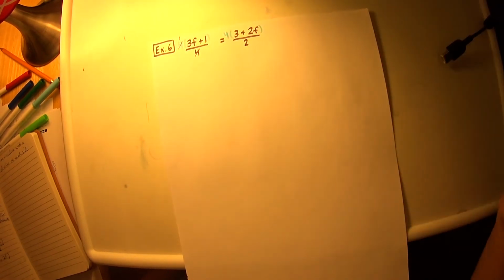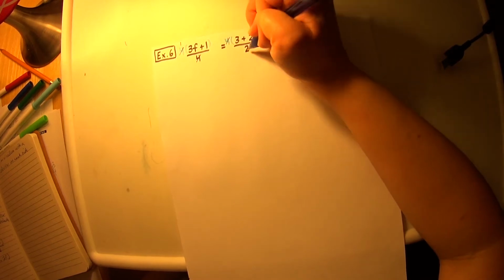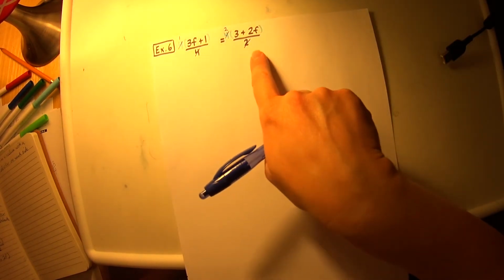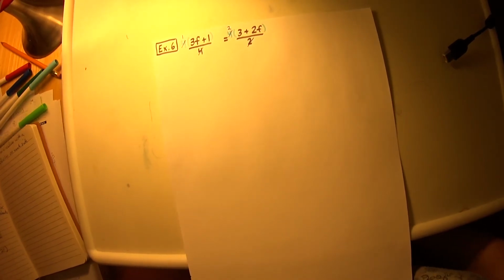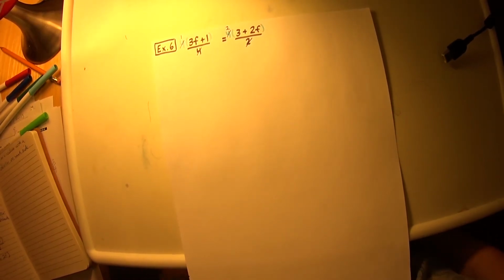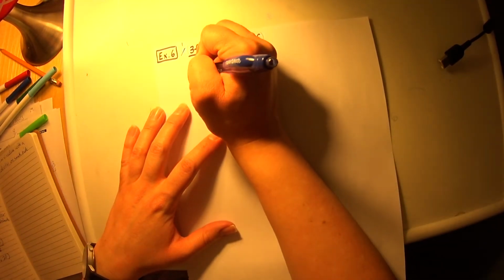So 4 divided by 4 leaves me with just 1, which is an invisible one, so I don't even need to include that. And then 4 divided by 2 leaves me with 2, so I will still include that numerical coefficient there. As you can see, by adding a numerical coefficient to the top, I was able to cancel out the divisors.